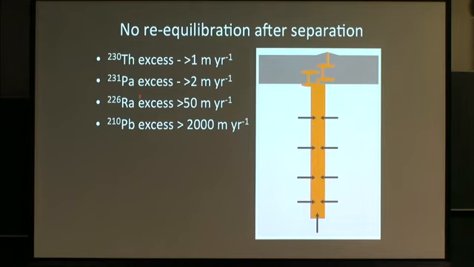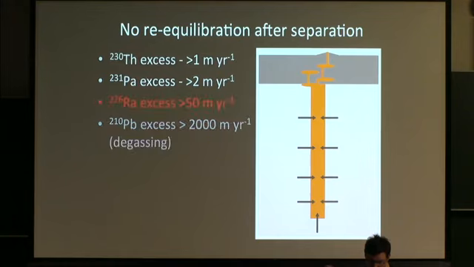So we remember the presence of these different uranium series excesses. So we know there's a thorium excess, protactinium excess, radium-226 excess, and lead-210 excess. If all of these were inherited at the base of the melting region, and then were quickly transported up this high porosity channel towards the surface, with no further re-equilibration between the upwelling melts and the surrounding low porosity mantle, then you could use these excesses to tell you something about short timescales of melt extraction and therefore rapid upwelling velocities.